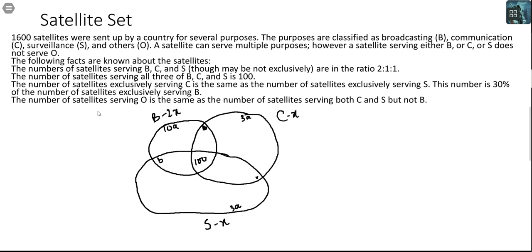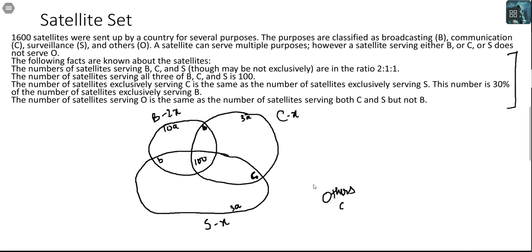The number of satellites serving others is the same as the number of satellites serving both C and S but not B. So if others are outside, let's call others here, and the total number here is C. The number that you get here will also be C. We have managed to record all the information.